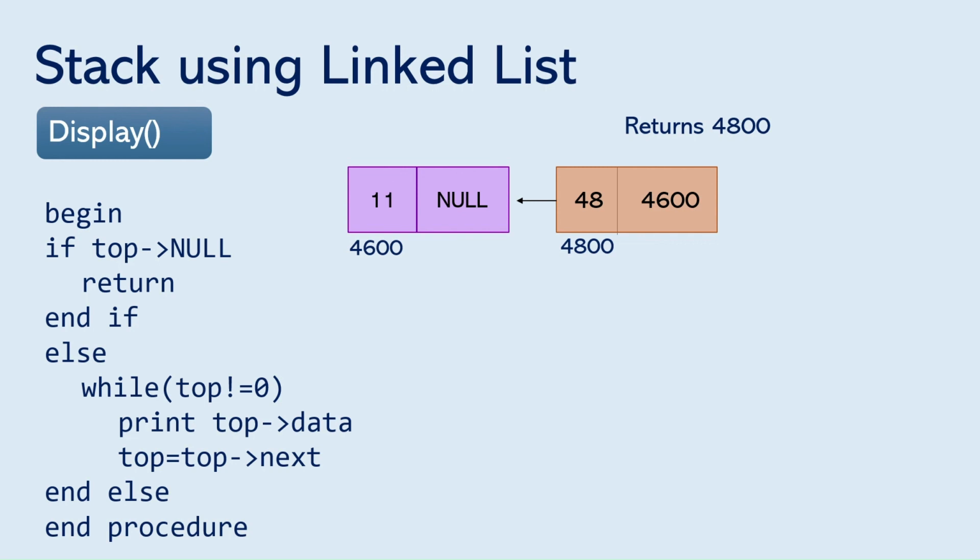Now the top is 4600, so it will print 11, and then top is equals to top of next. Now the top of next is null, so it will be 0, and here the while loop's condition is not satisfied, so the loop will end and the statement will end, and end of procedure. So these are all the basic operations of stack using linked list.